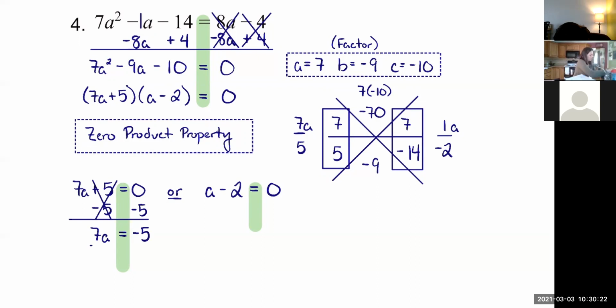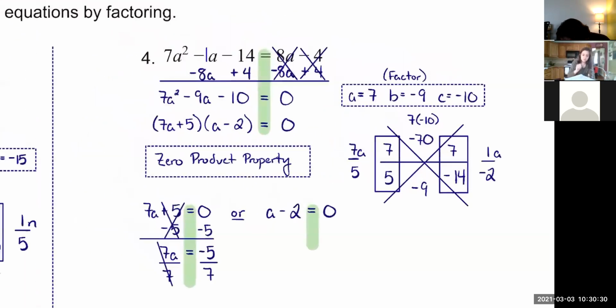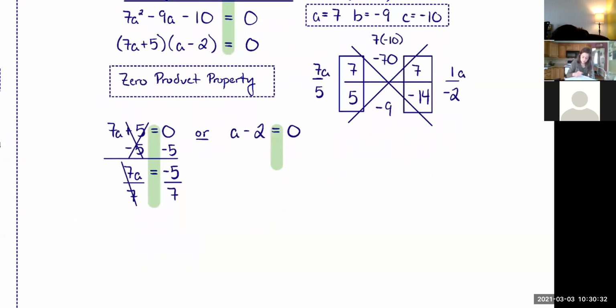Divide both sides by 7. 7 divided by 7 on the left simplifies to 1. My a is now left by itself. -5 divided by 7. My calculator is going to try to tell me to do a decimal. I'm just going to make sure it's simplified. And in this case, the fraction is simplified. I get a -5/7.